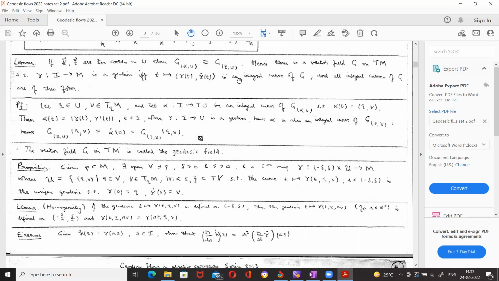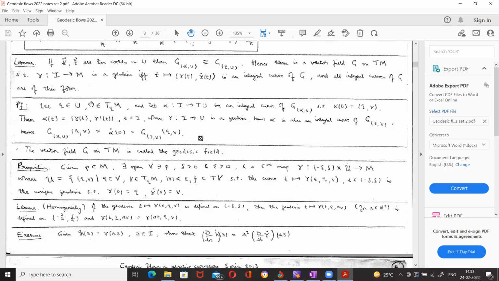So that lift will be an integral curve of G. So there is a one-to-one correspondence between integral curves of G and geodesics in M. Given a geodesic, you take its lift, (gamma, gamma prime), that will be an integral curve of G, and vice versa. Given an integral curve of G, you take its projection below, that will be a geodesic in M. Is this clear? That's what we proved all along, right?